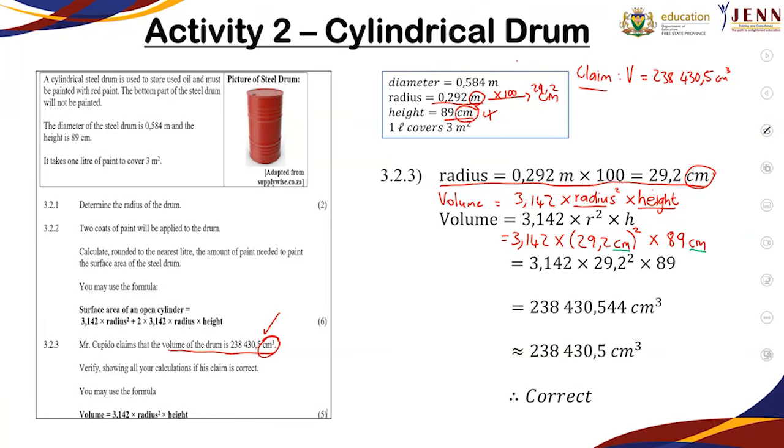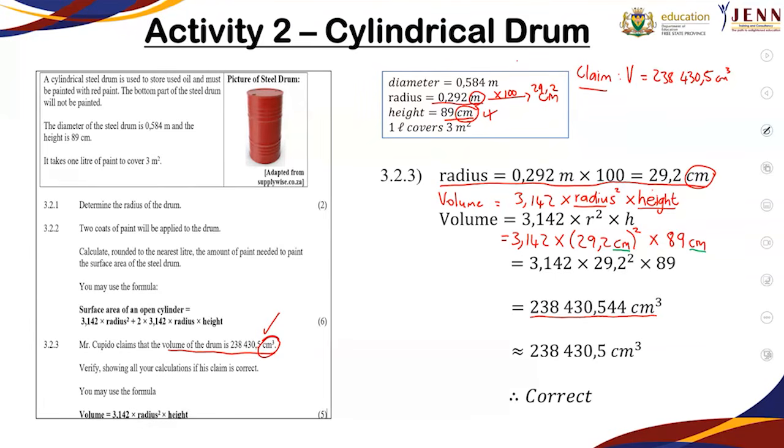I've got centimeter for radius, centimeter for height. So now I can proceed and calculate. 3,142 multiplied by 29,2 centimeter, in brackets you square everything, multiplied by 89 centimeter, and then it will give me 238,430,544 cubic centimeter.